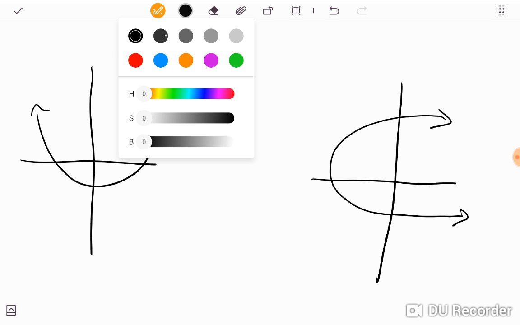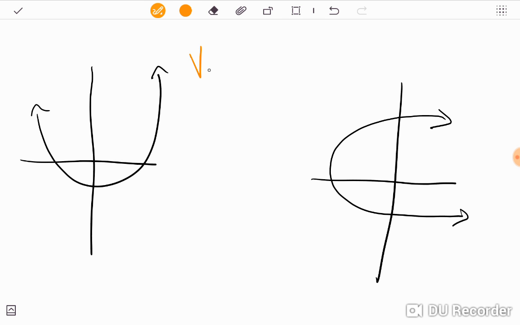There's something called a vertical line test, or what I refer to as VLT.